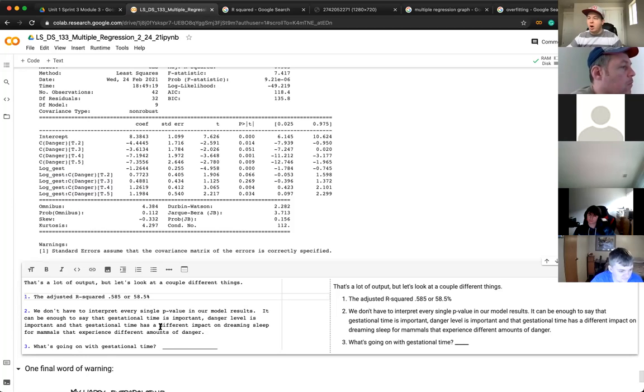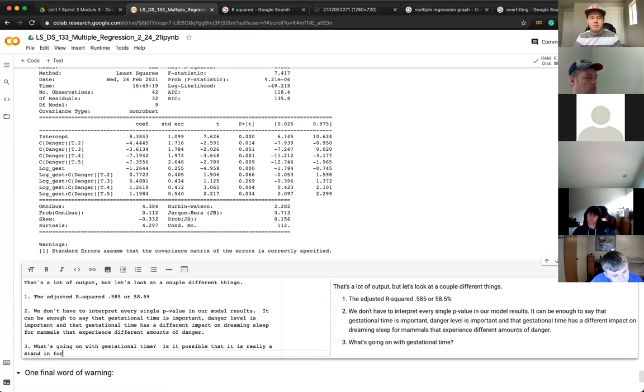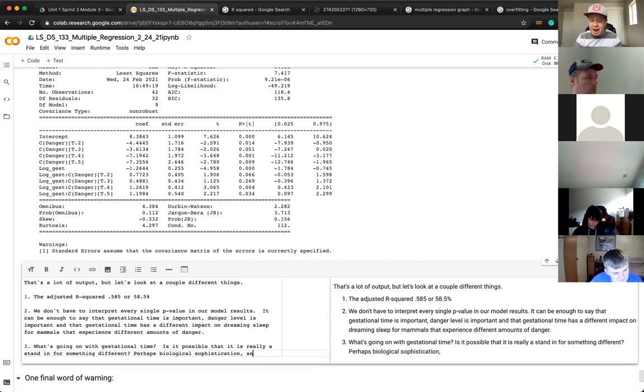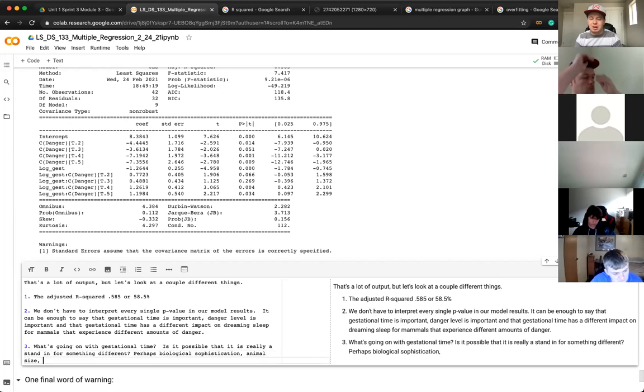Right? So what is going on with gestational time? Okay. Well, again, going back to some of our intuition and thinking earlier, is it possible that it is really a stand-in for something different? Okay. Perhaps biological sophistication, animal size, right?